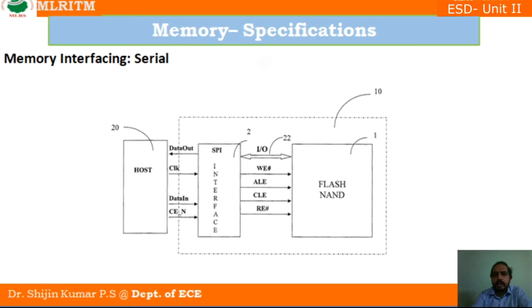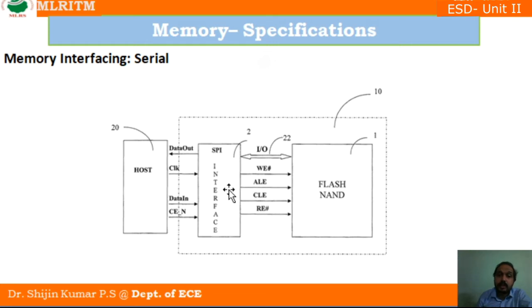So this is a serial interface. Here we have an SPI interface. This host is the microprocessor or a microcontroller. In between this host and the memory we are using an SPI interface, that is serial peripheral interface. If you have a serial peripheral interface, we can connect n number of memories or n number of peripheral devices.